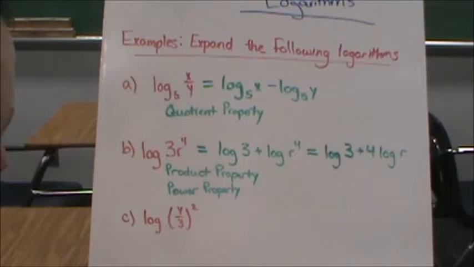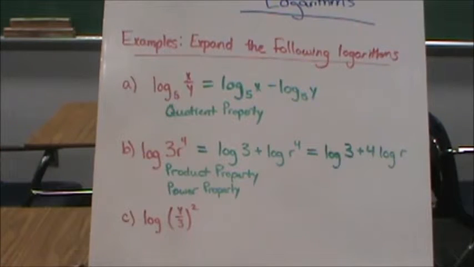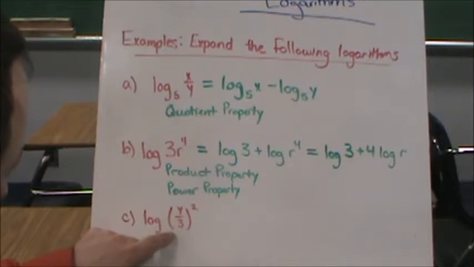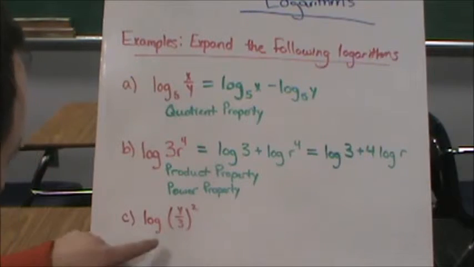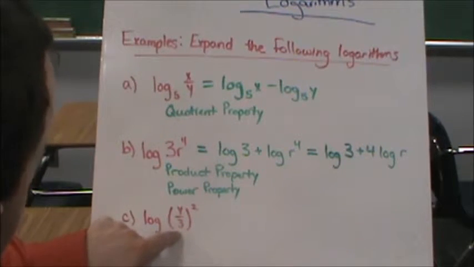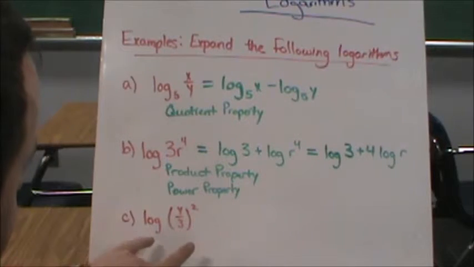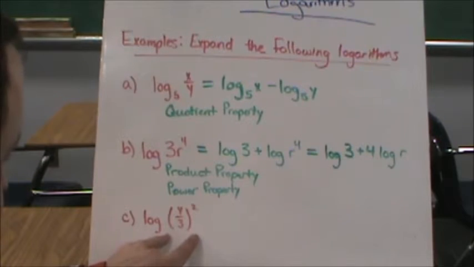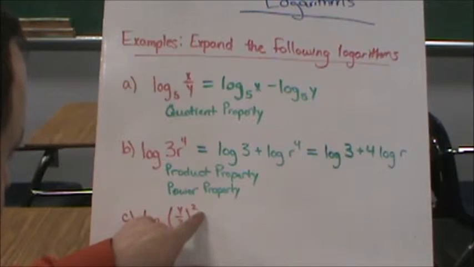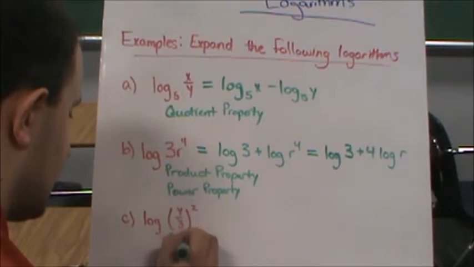Pretty simple stuff here. So then the last one, a little trickier, example C, log of quantity y divided by 3 squared. In this case, you might be tempted to take the quotient property, and I can tell you that you will be doing the quotient property, but because you have the y divided by 3 in parentheses, raised to some power, you have to do the power property first.